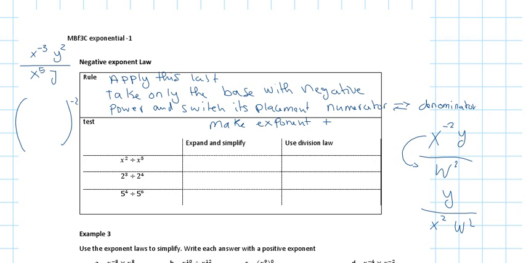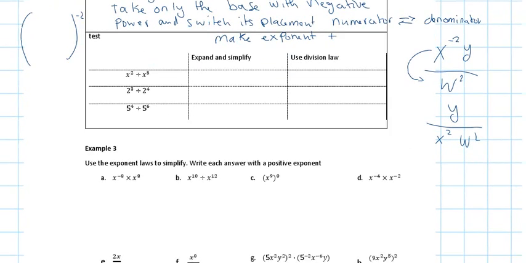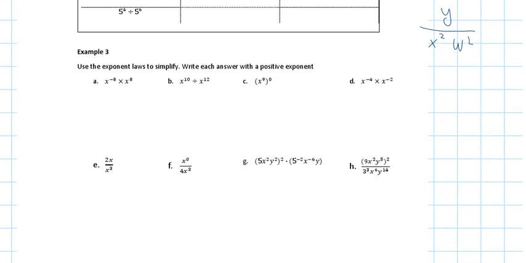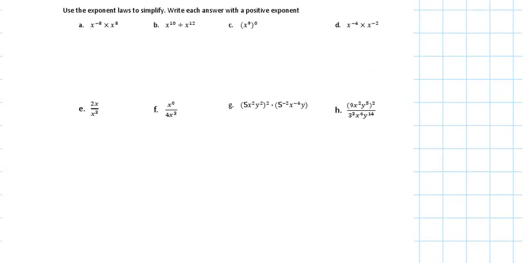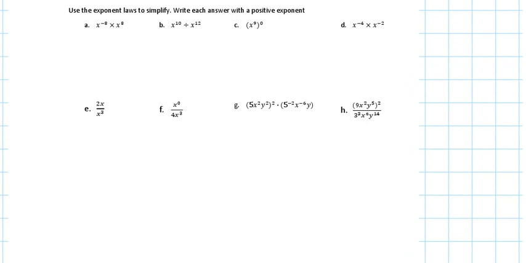Let's look at some examples. Let's look at this one, for example. So I have 5x squared y squared, to the power of 2, times 5 to the power of negative 2, x to the power of negative 6, times y.